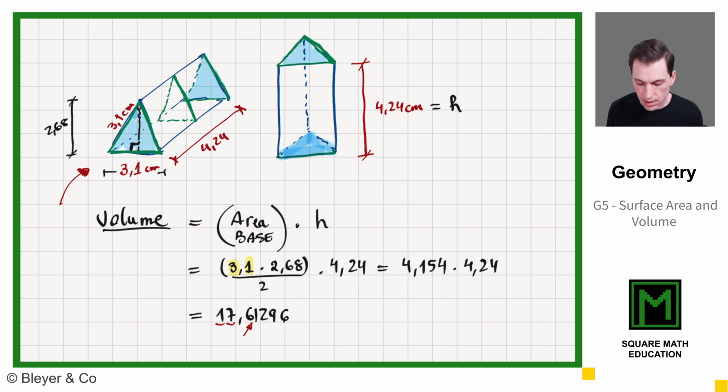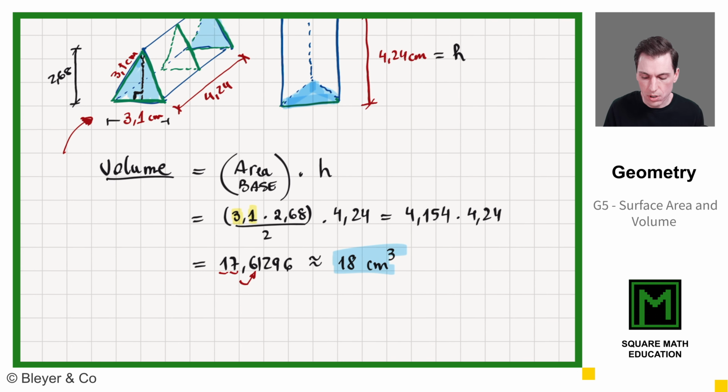Let's check the next digit. We always check the next one. 6 is a big digit. We are going to round this to 18 cubic centimeters, and that is our final answer for the volume of this triangular prism.